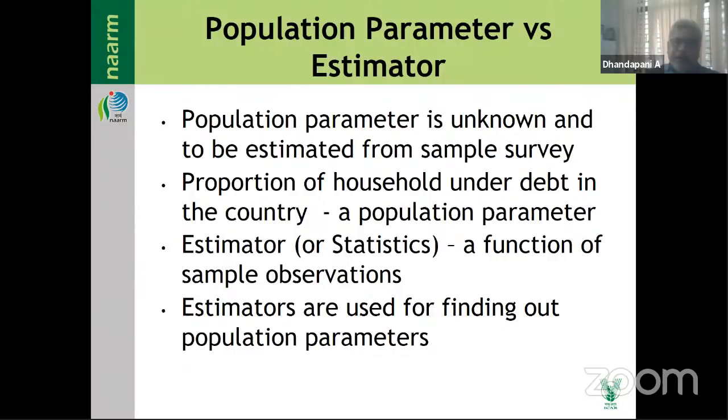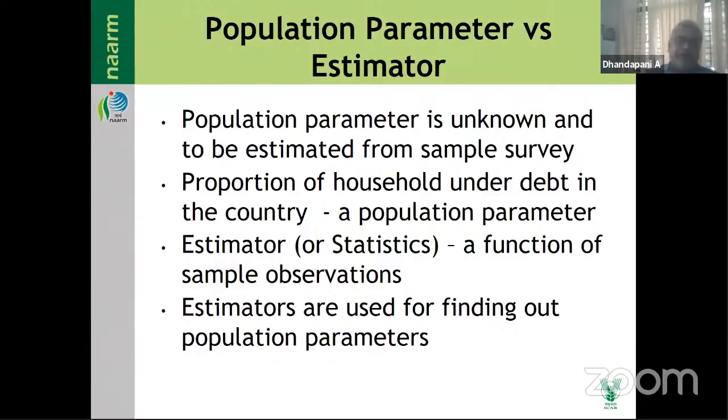Now, the other one is that I was telling you about something like a sampling error. When you want to understand the sampling error, first we want to estimate something about the population parameter. It could be something like income earned.